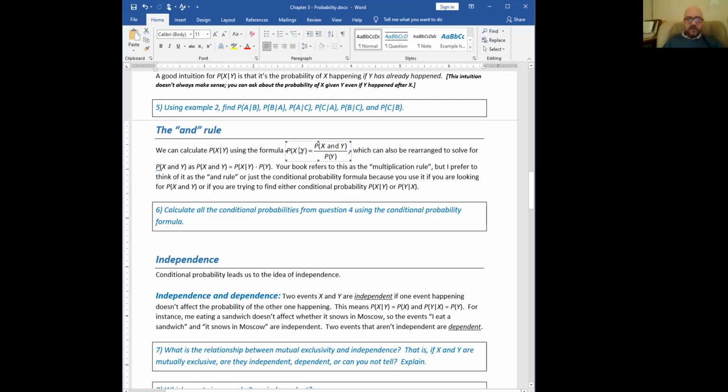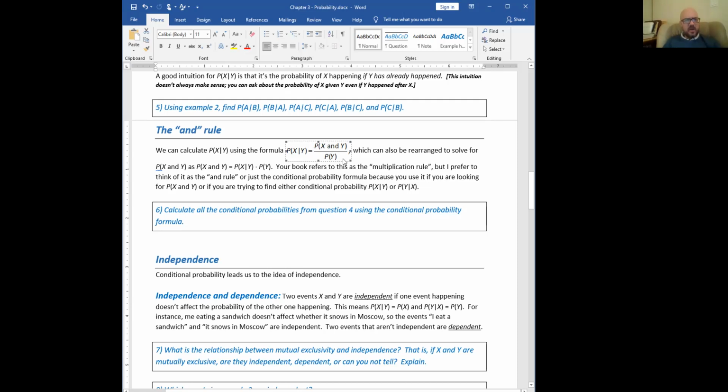But if you think of it as a fraction bar with this thing on the bottom, that actually works out pretty well, because it can often be hard to remember what the formula is, given that we just have a bunch of letters here. But it is the probability of both of them divided by the probability of the one that you are restricted to. That's how you calculate conditional probability.